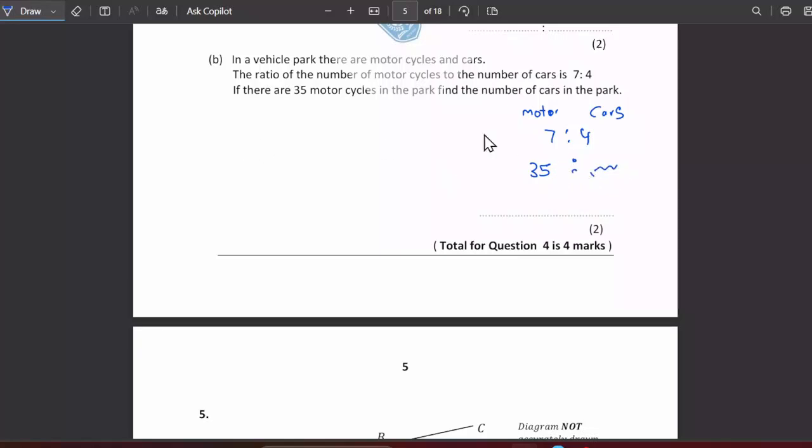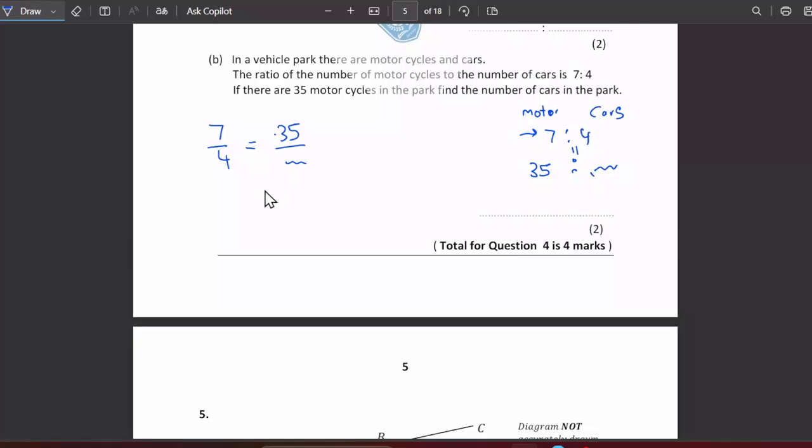So what we can do is these two ratios should be equal. And we can write a ratio as a fraction. And then we make these two similar. Okay. So you can write the first part of the ratio on top, and like this you can write.